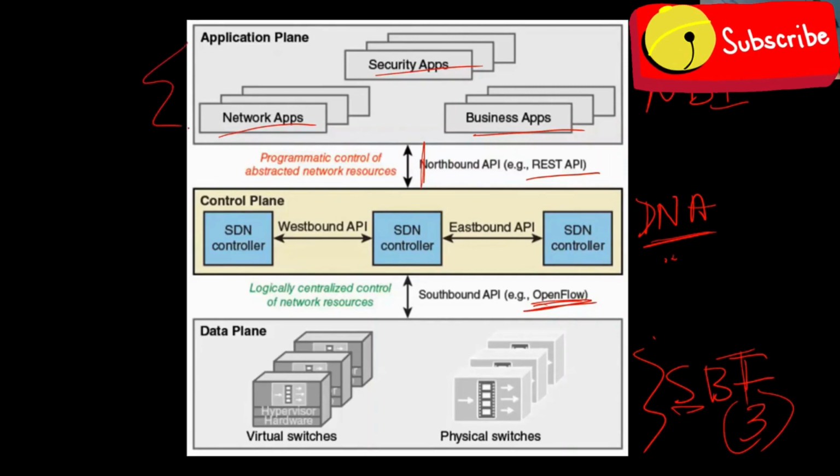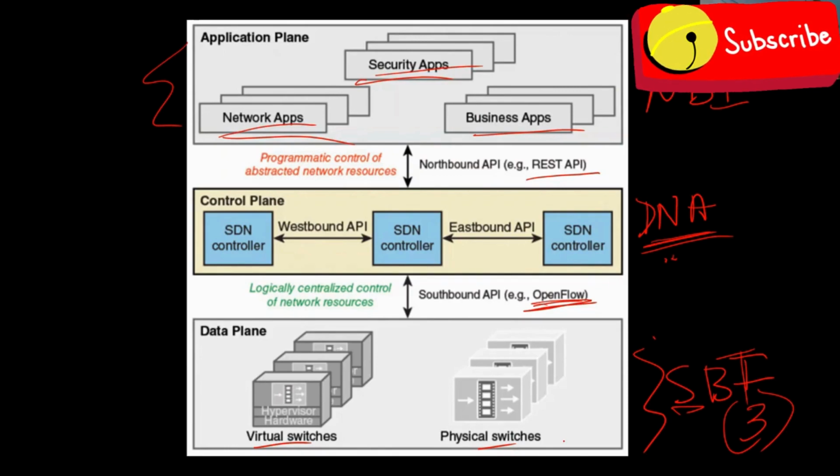And we need some way for these different types of software, security apps, networking apps, DNA, virtual switches, physical switches, to communicate with each other. Because this is new. We're used to just going into the network device and configuring it. Now it's doing something with software.